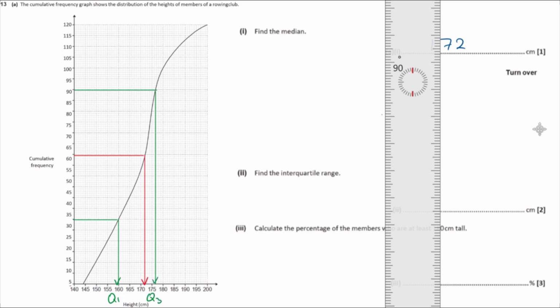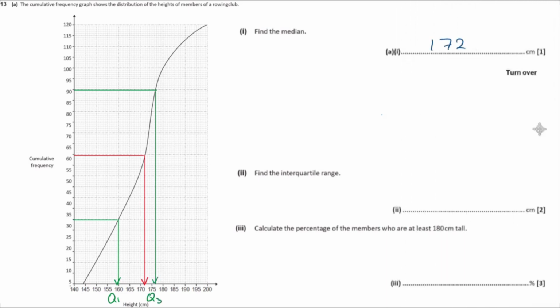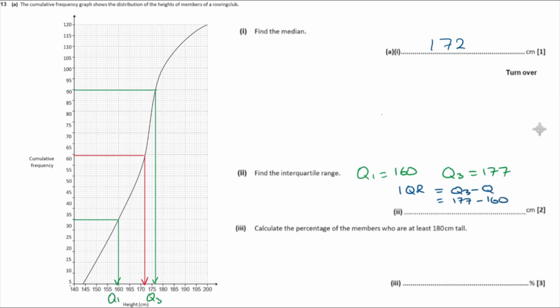So Q1 is 160, Q3 is 177, so the interquartile range is going to be Q3 subtract Q1, which is 177 minus 160, giving you, what's that, 17?